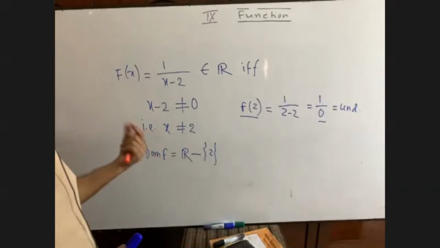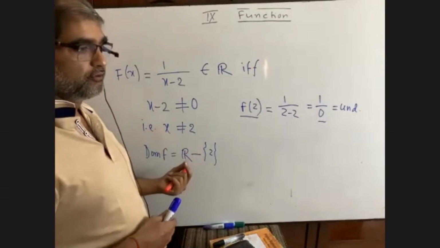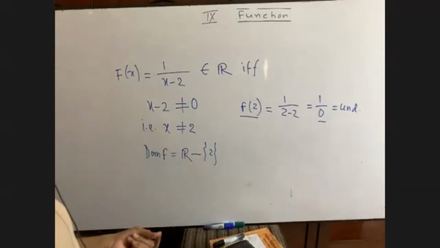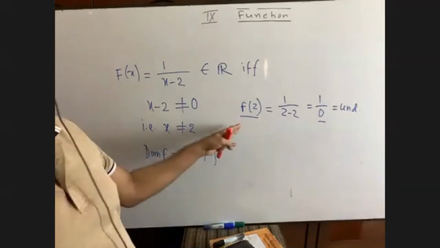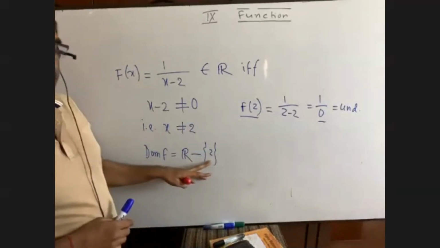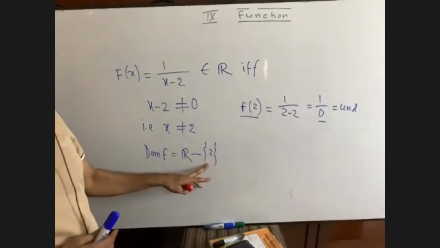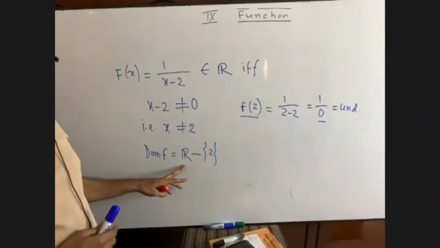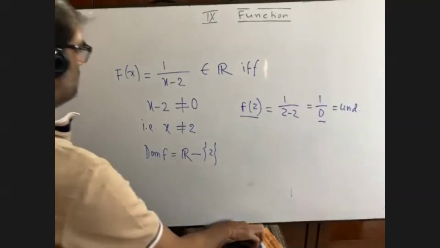In the definition, please see: those values of x are domain for which f(x) is defined. But here f(x) is not defined for 2. So in the domain, 2 will be omitted, 2 is excluded. So all the real numbers except 2. Have you got it?